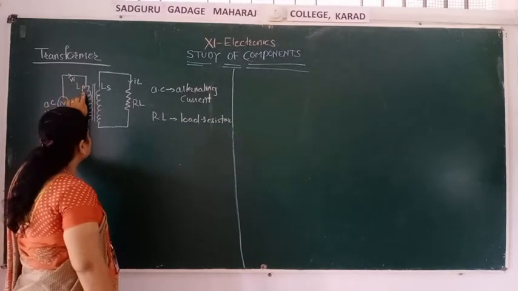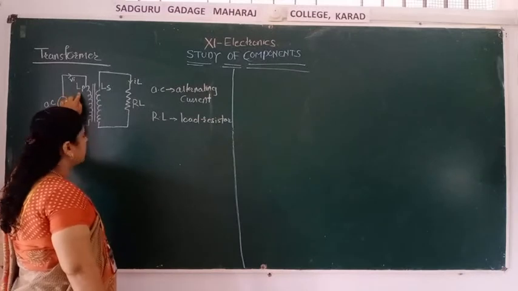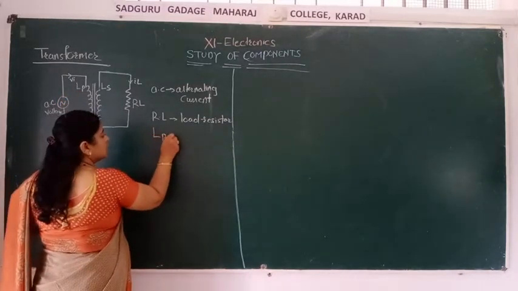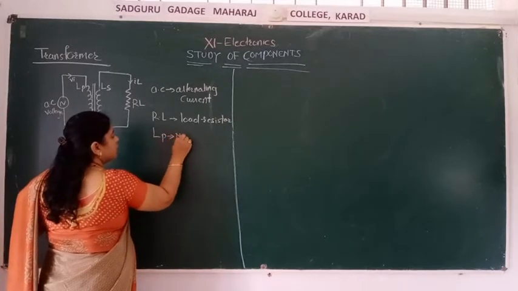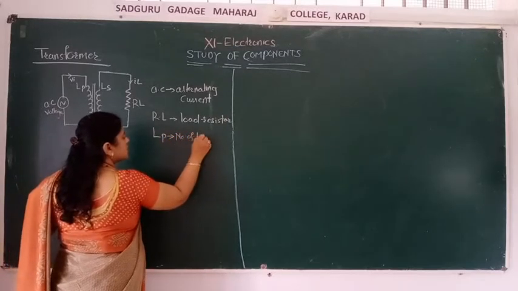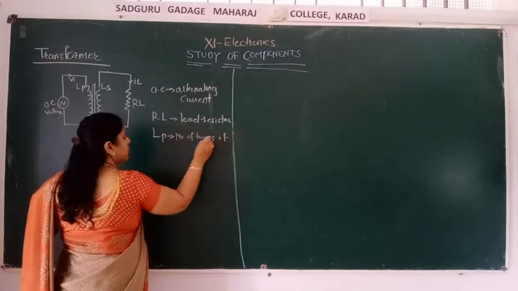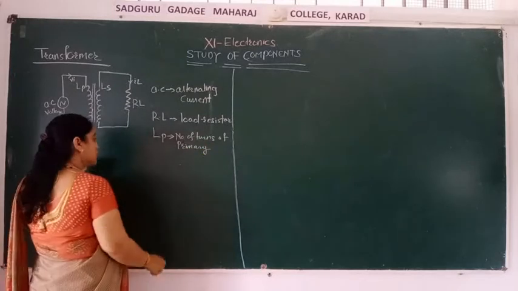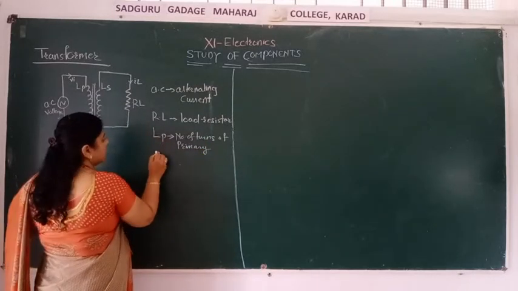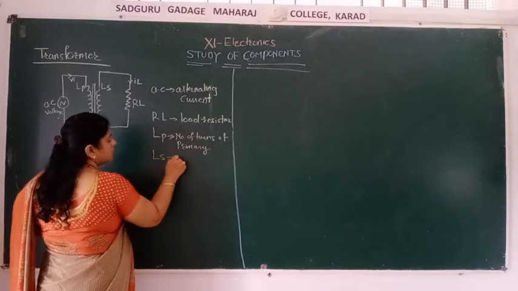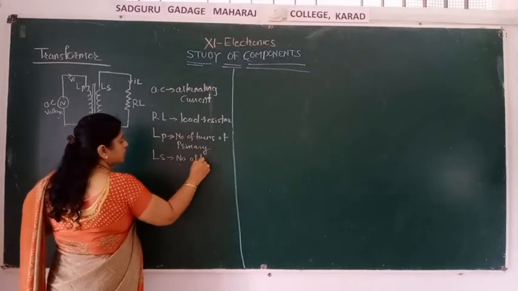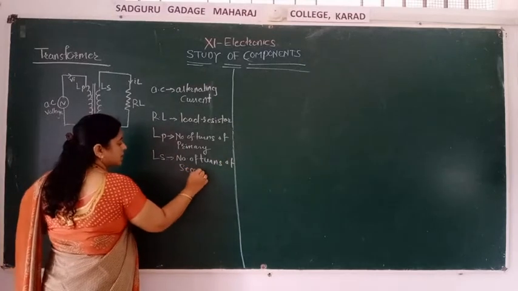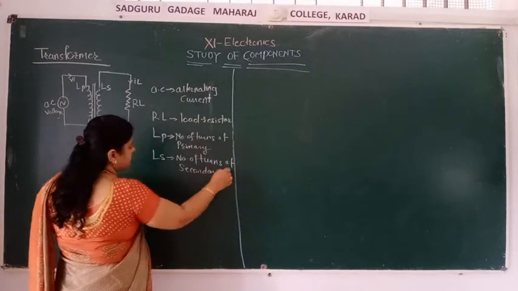The number of turns of the primary is called LP, where LS is the number of turns of the secondary, called LS.